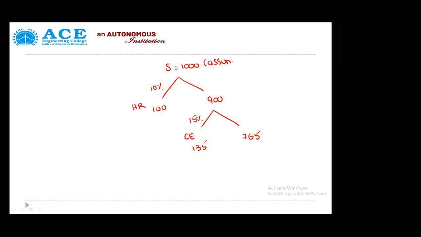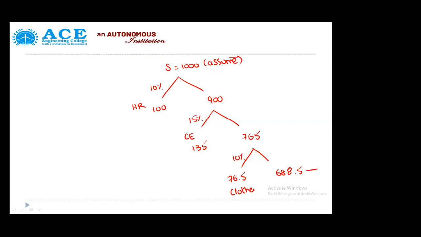Again 10% for clothes. 10% means 76.5 for clothes. You are left with 688.5.